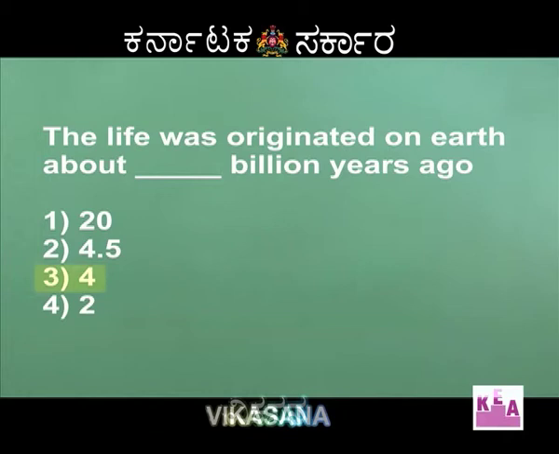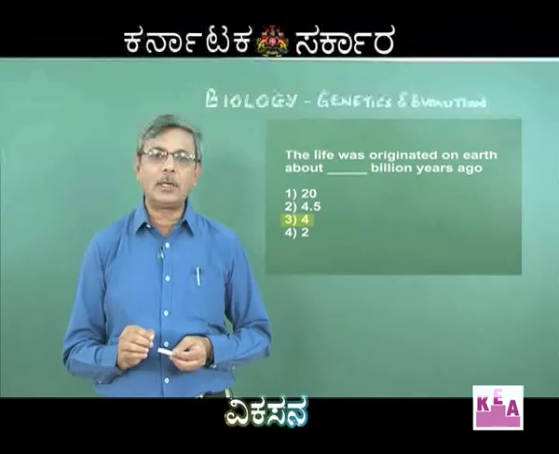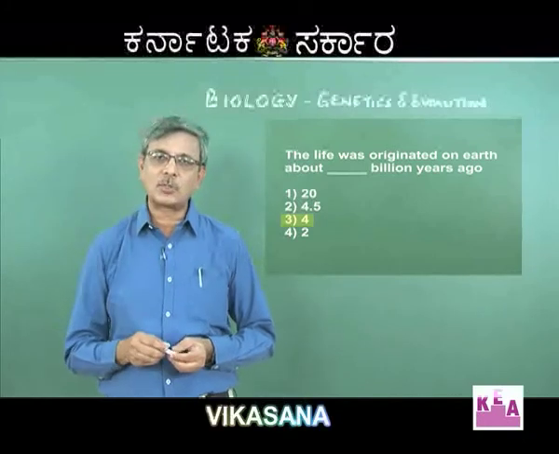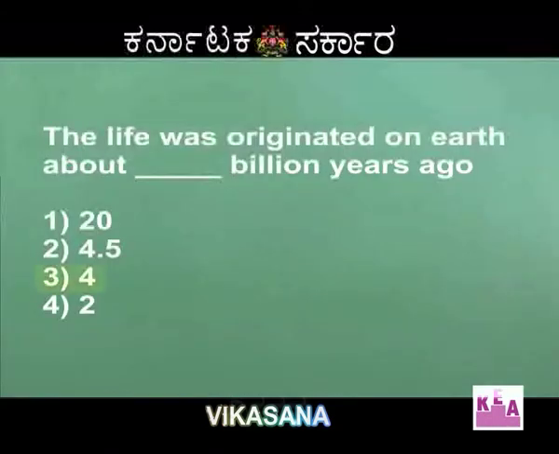So option 3 is the answer. Option 4 says 2 billion years. First cellular forms appeared around 2 billion years ago. We know all the 4 options, and option 3 is the answer for this question.